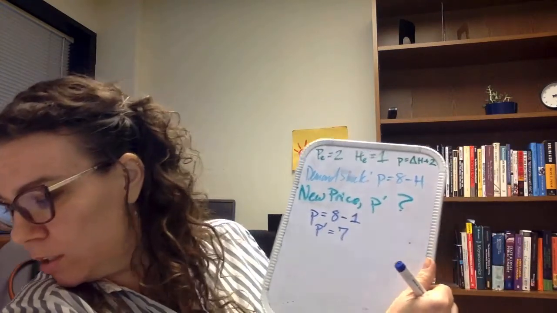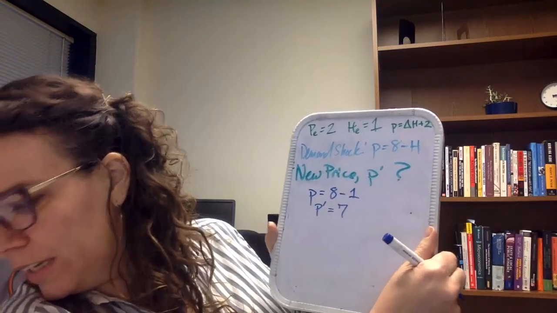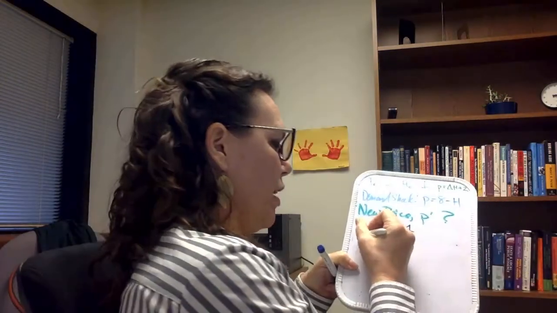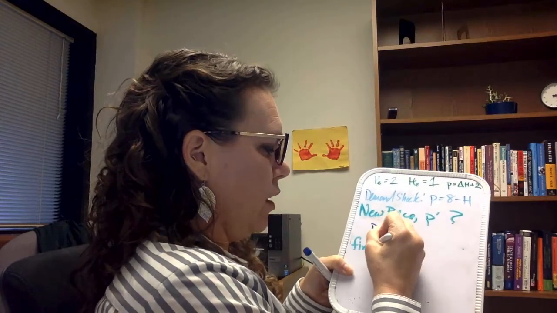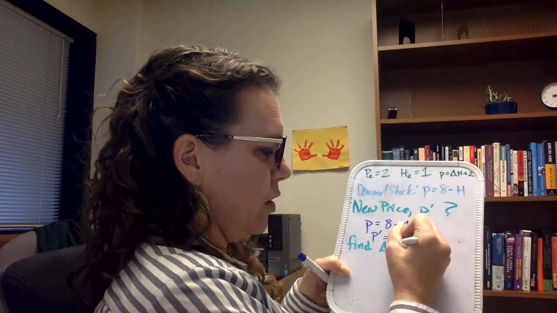So that's part C. Part D says, now we want to find the change in H, right? Find how much we're going to see housing supply change, given that price signal, that's going to translate from the flow part into the stock part. How much are we going to see the supply of housing increase?